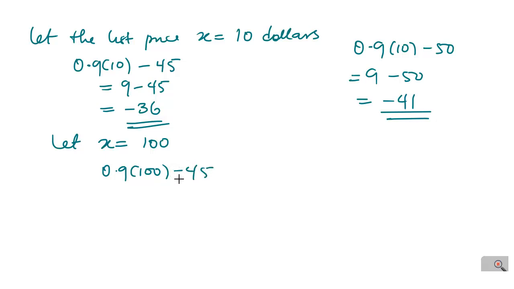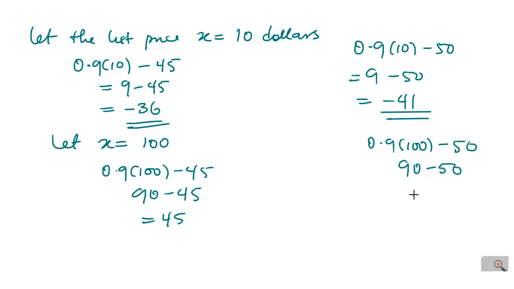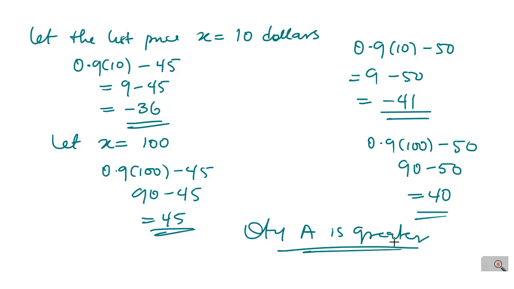We know that 0.9 times 100 gives us 90, so this is 90 minus 45, which gives us 45. For the other one, we have 0.9 into bracket 100 minus 50. That is 90 minus 50, which gives us 40. So by observation, we can definitely conclude that quantity A is greater.